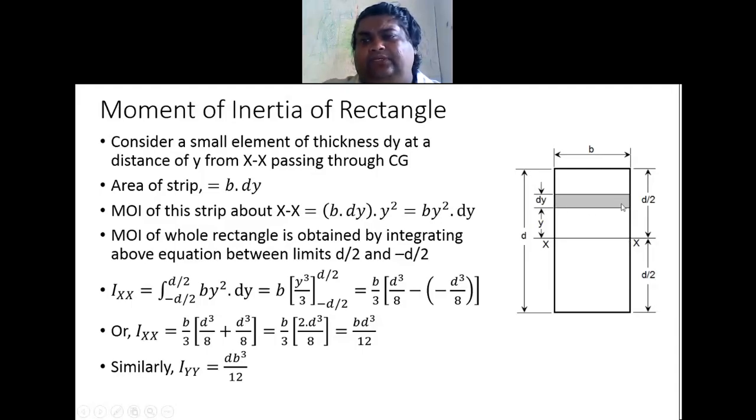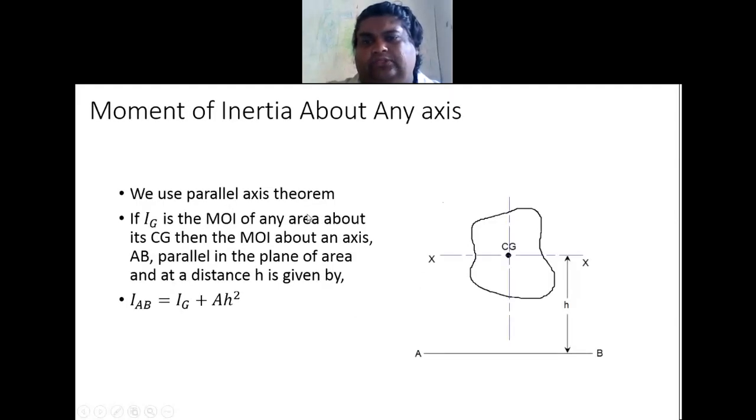Now the area of this strip is width times depth. Width is b and depth is dy, so the area of the strip is b dy. The moment of inertia of this strip about the xx axis is Ig plus A h square.